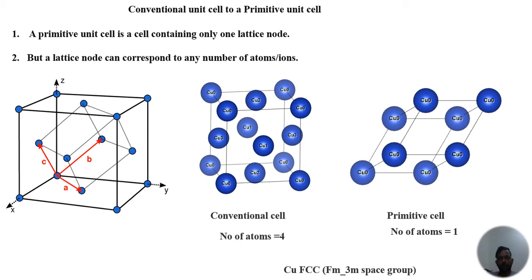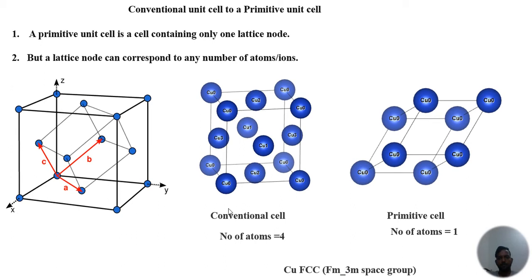Now let's consider the FCC arrangement. Suppose we have a copper FCC structure. I have also written the space group of this system; there might be a symbol issue, but it's the Fm3m space group.